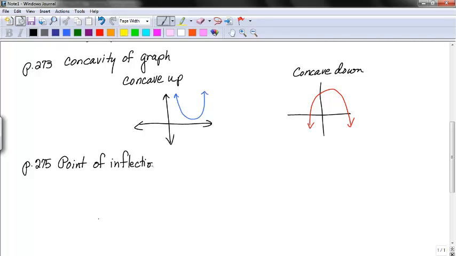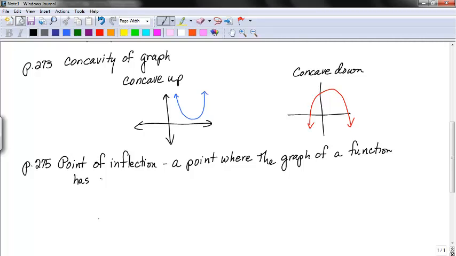A point of inflection is a point where the graph of a function has a tangent line and the concavity changes.